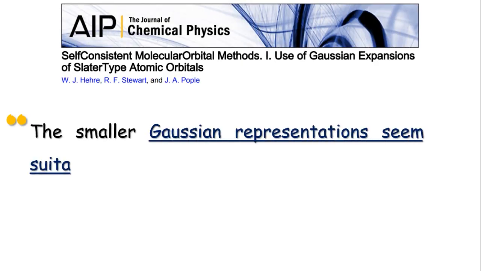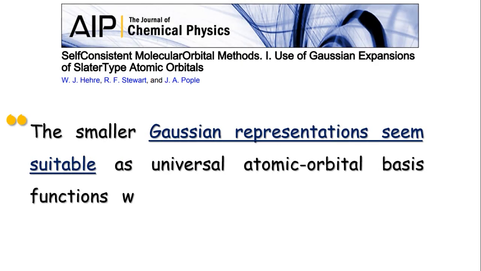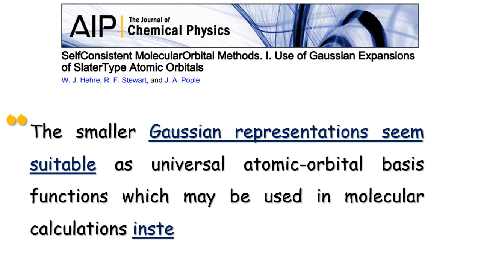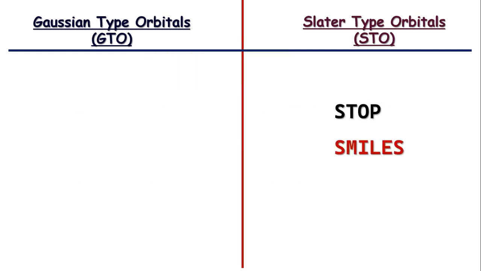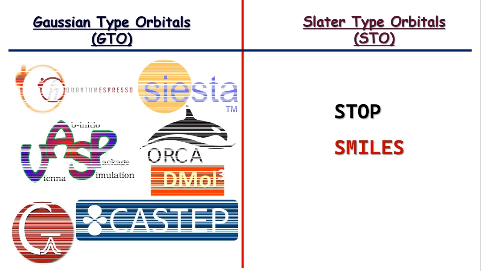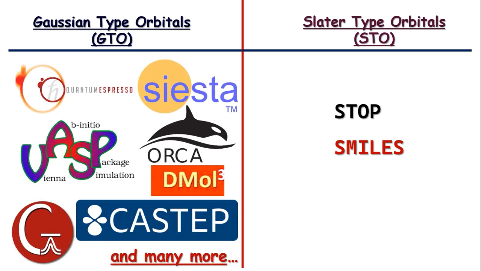The smaller Gaussian representations seem suitable as universal atomic orbital basis functions, which may be used in molecular calculations instead of STO sets. In today's time, though, some ab initio packages are there like STOP or SMILES, which use Slater type orbitals for calculations. But most of the packages prefer the Gaussian type orbitals.